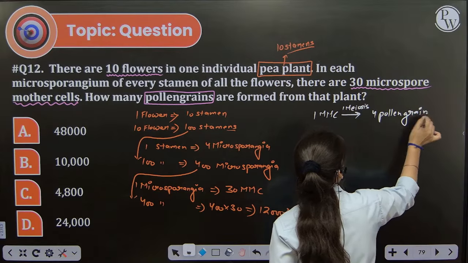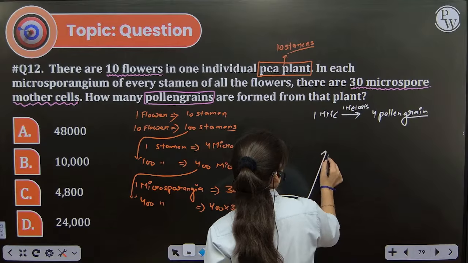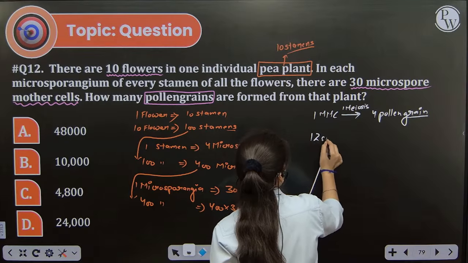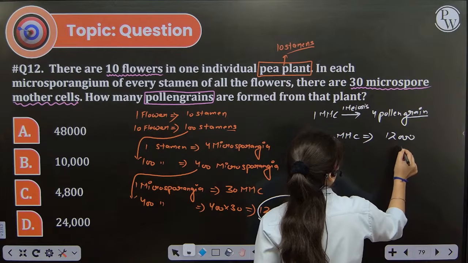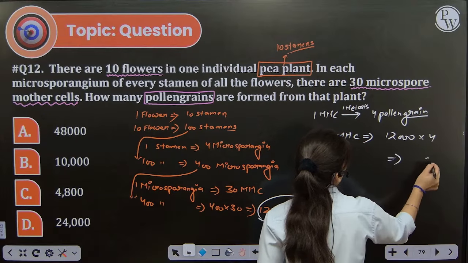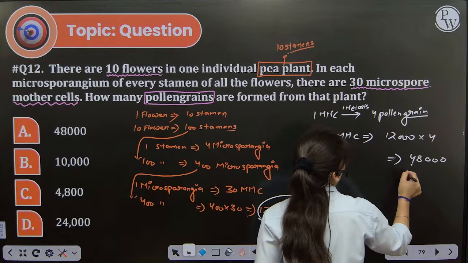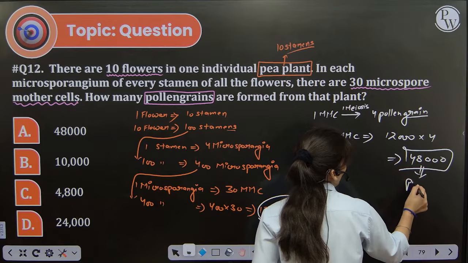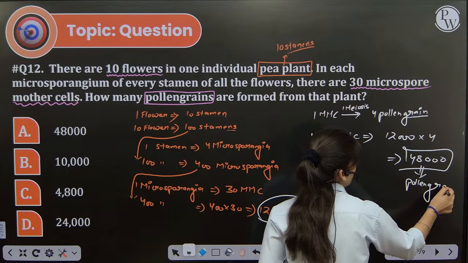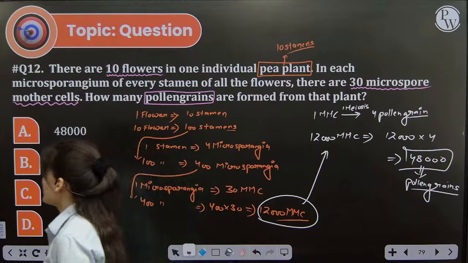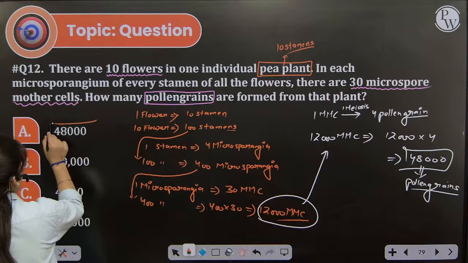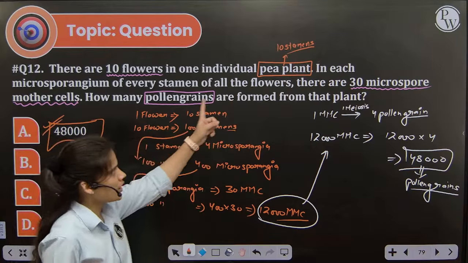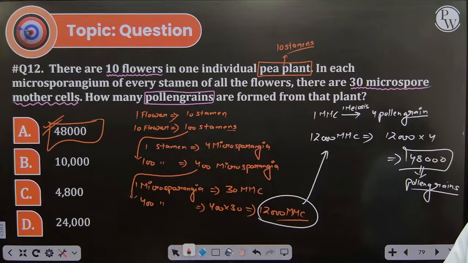Then 12,000 microspore mother cells are going to form how many pollen grains? 48,000 pollen grains. So out of these four options, which option is correct? Option number 1. One thing we need to remember is that in case of pea plant, there are 10 stamens. So 48,000 is the correct answer.